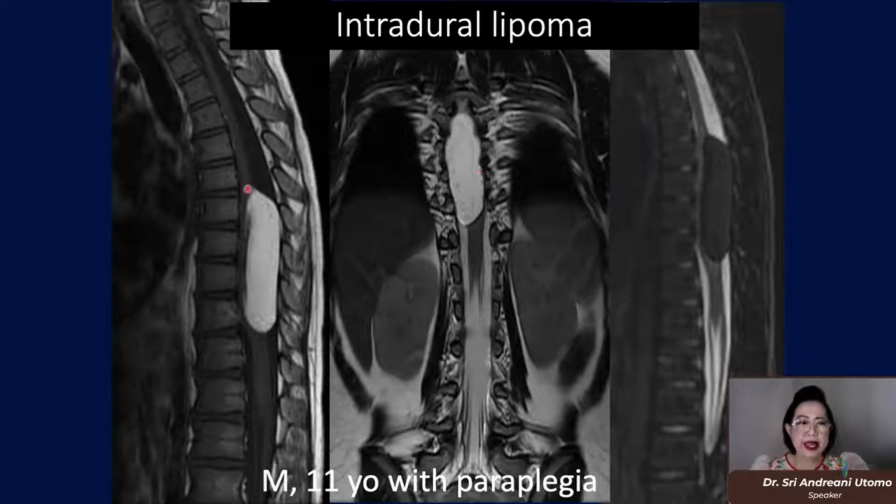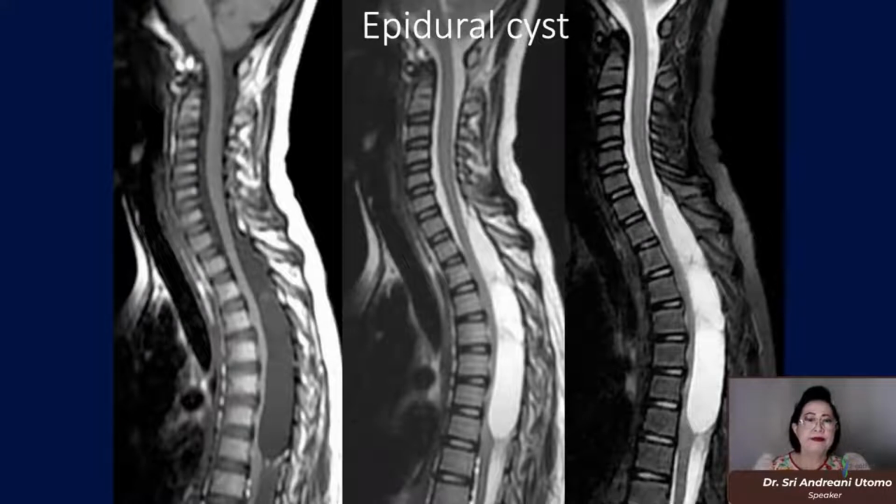We can see in T1, T2, and in T2 fat set, it shows a hypointense signal. This is an intradural lipoma. And this is an epidural cyst. So we should make a differential diagnosis if this is not bone hemangioma that extends to the epidural area.